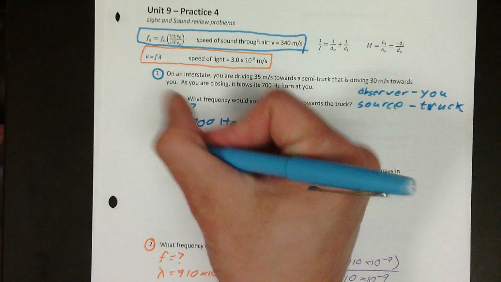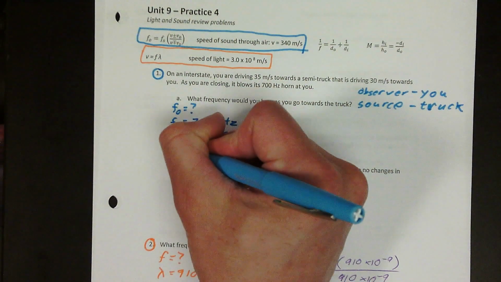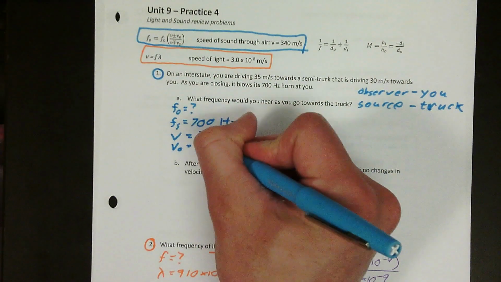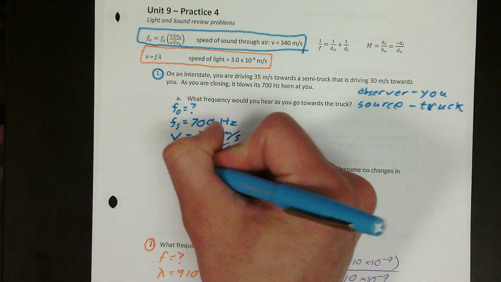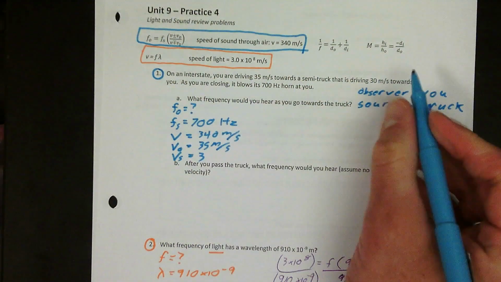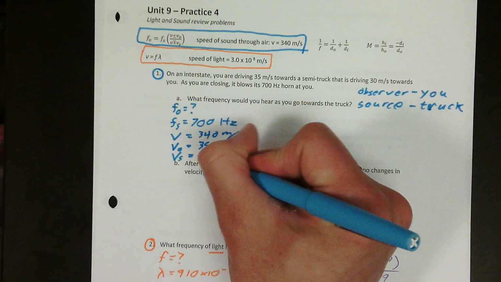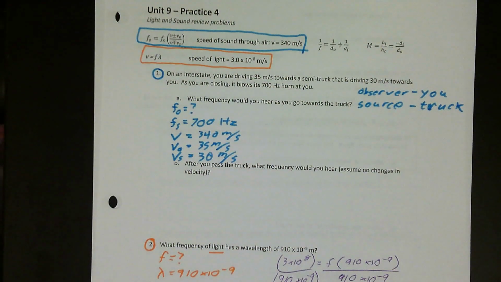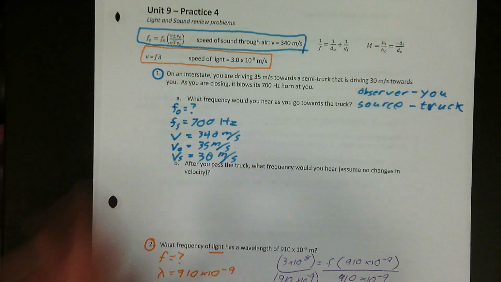VO is the velocity of the observer. I am going 35. And VS is the velocity of the source. The truck is going 30. Okay, so now I'm ready to solve. I'm using this equation up here.